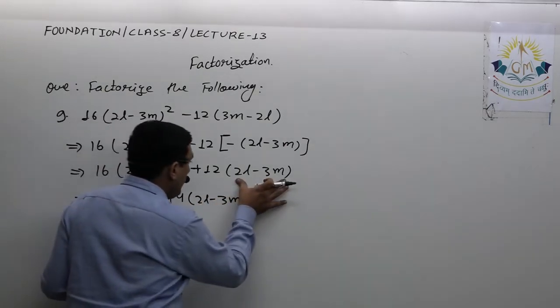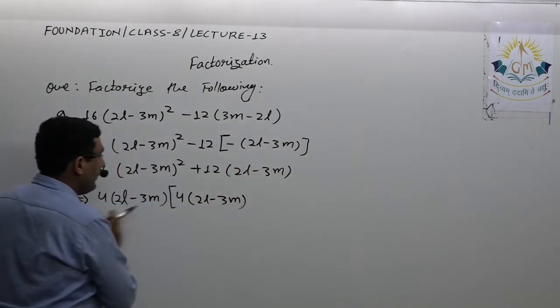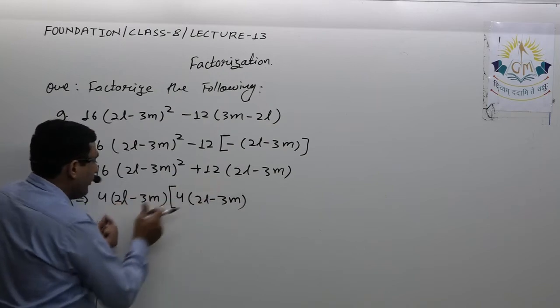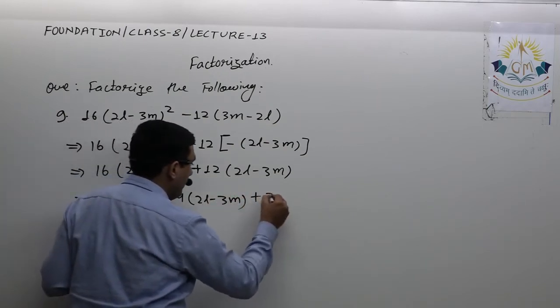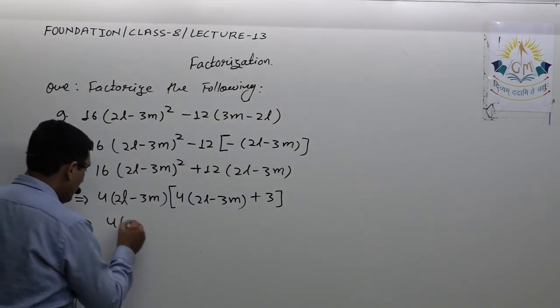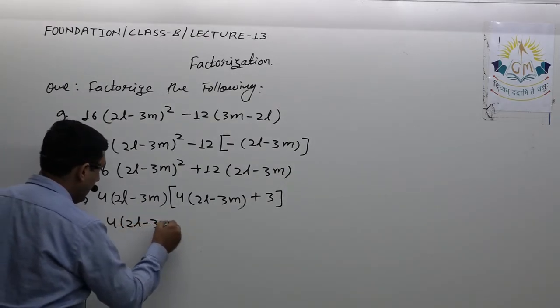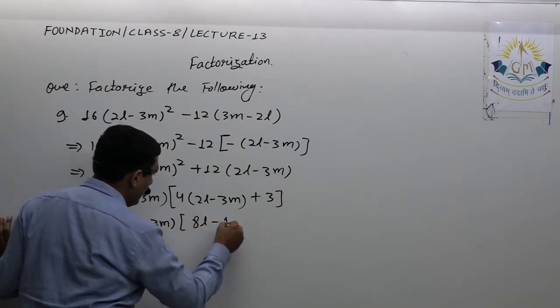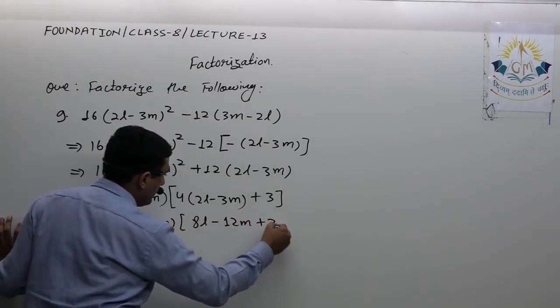Now this (2l minus 3m) is completely taken out common, and here it was 12. From this 12, 4 is taken out common, so 3 will be left over there. So this will be 4 (2l minus 3m). Now over here it will become 8l minus 12m plus 3.